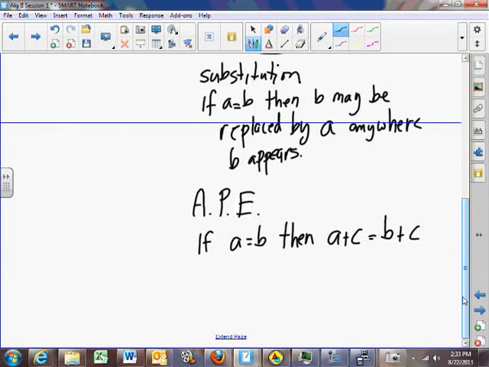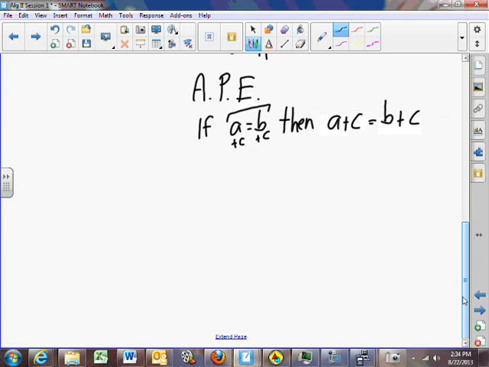Here, we've added C to the A and we've added C to the B to get A plus C is equal to B plus C. That's the addition property of equality, and that's kind of an important one. We use that a lot in solving equations.